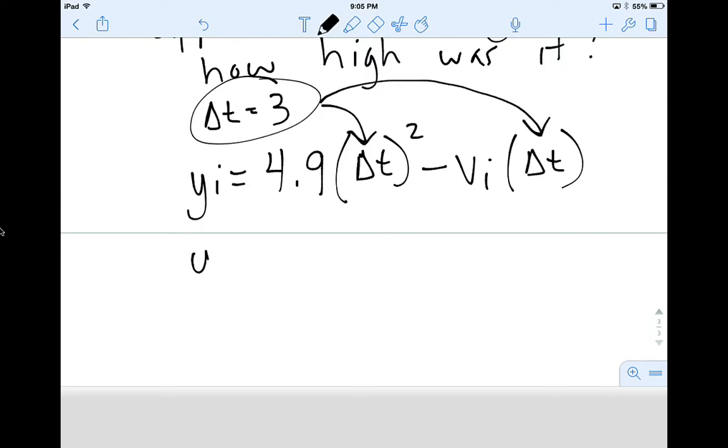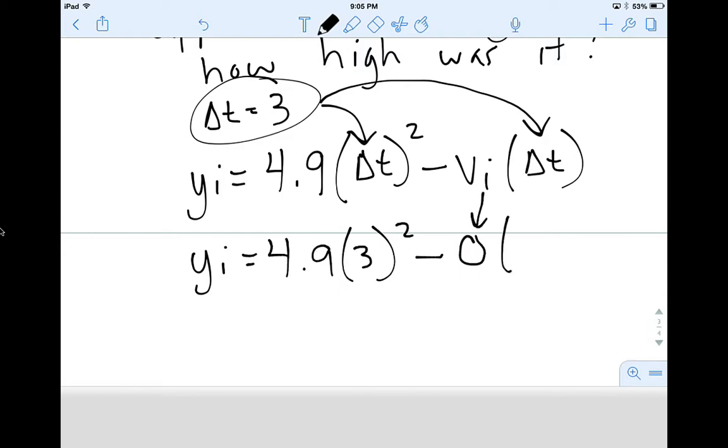So I end up with yi equals 4.9 times 3 squared minus, now initial velocity. At the very beginning, the apple's hanging on the tree. It's not going anywhere, so that initial velocity is going to become 0. And then my delta t is 3. Well, 3 times 0 is just 0, so we can cancel that whole ending out.